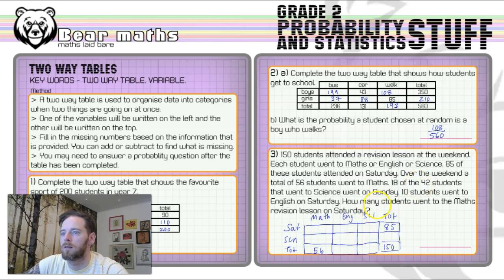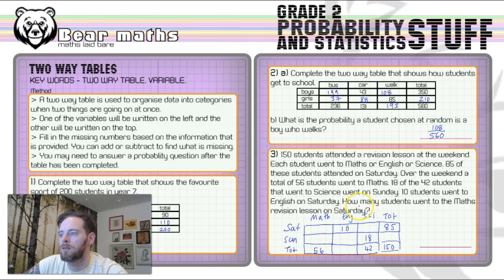So that means that there were 42 students that went to science, and 18 of them went on Sunday, which is that. It doesn't look like Sunday anymore, but it is. 10 students went to English on Saturday. That's nice and easy. English on Saturday.